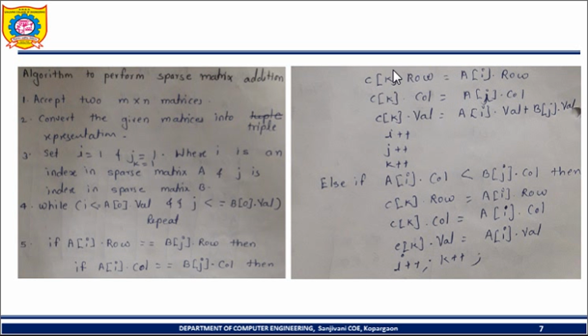So the resultant matrix's kth row column contains the row value of either the A matrix or the B matrix. Here we have taken the A matrix, so the A matrix's ith row value is copied into the resultant matrix C's kth row column. The same is done for the column value.